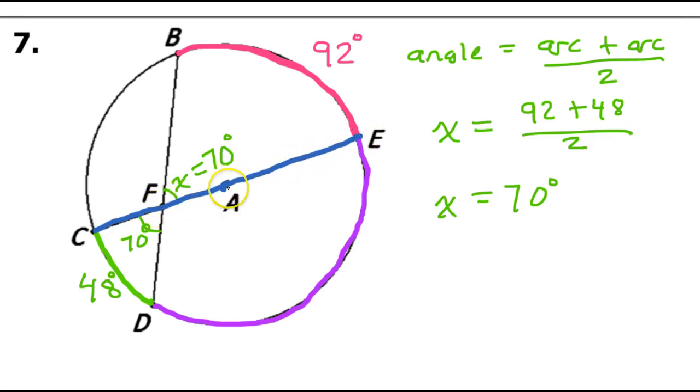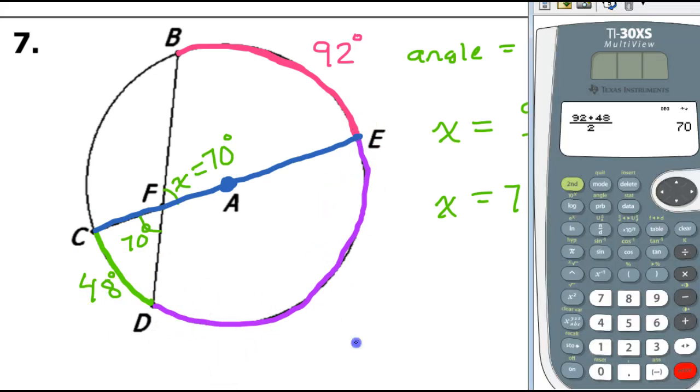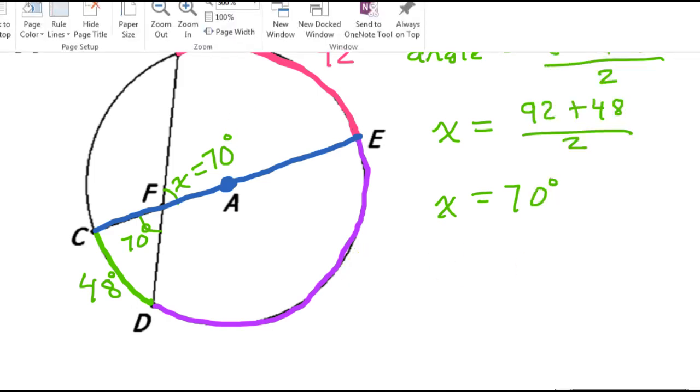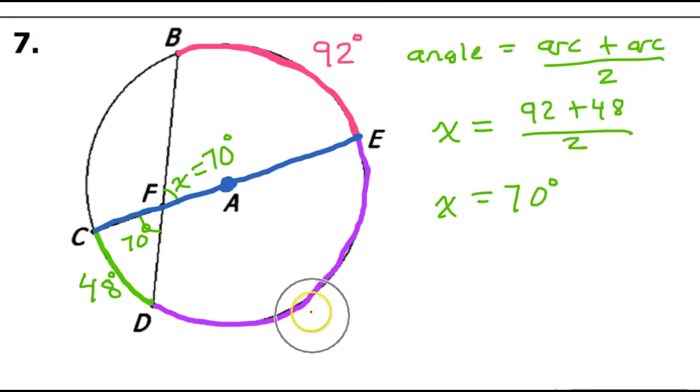All right, it goes right through the center. That means this is a semicircle right here. So I should be able to subtract 48 to find the purple arc DE. Okay, so subtracting from 180, semicircle. So 180 minus 48, of course, is 132. So this is 132 degrees.